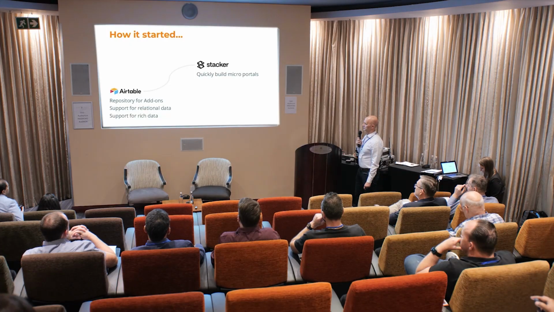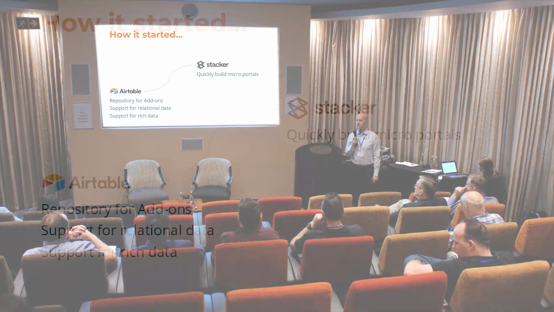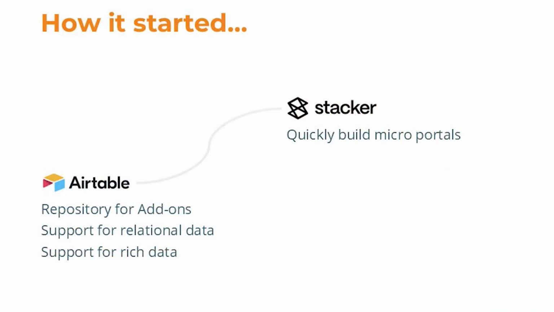How it started was actually quite simple. We used Airtable as a repository for add-ons. Airtable was a good choice because I was basically the one that kept the repository for all the add-ons and partner solutions that we had at the time. Yes, I know MySQL. Yes, I have Google Sheets, but both of them didn't really seem like a good solution.